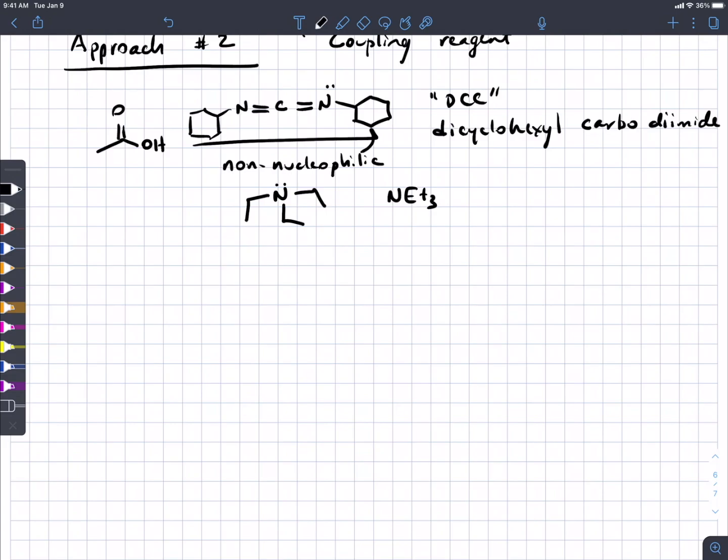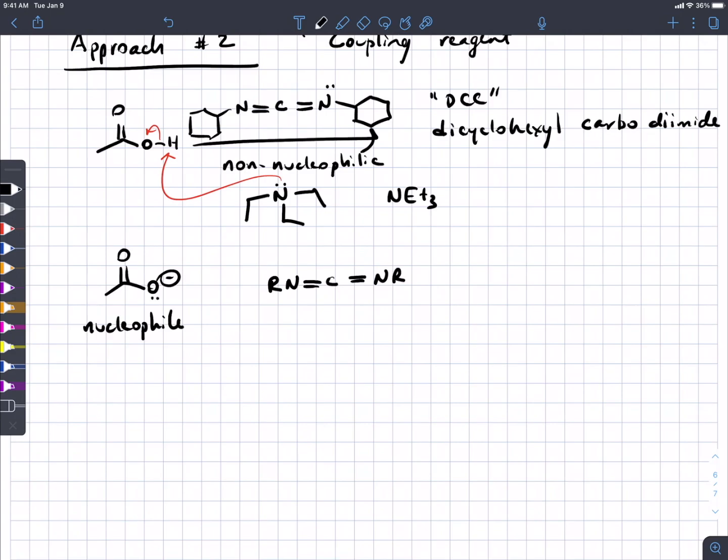Okay, so first step of the reaction is we use our non-nucleophilic base to deprotonate the carboxylic acid, thereby giving us the carboxylate, which is now a nucleophile. And we're going to use this strange reagent as an electrophile.